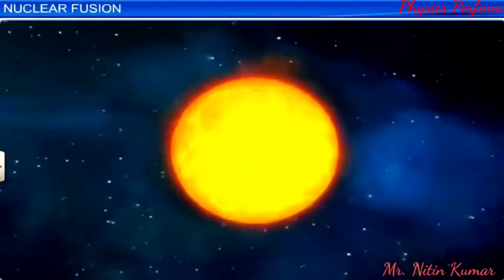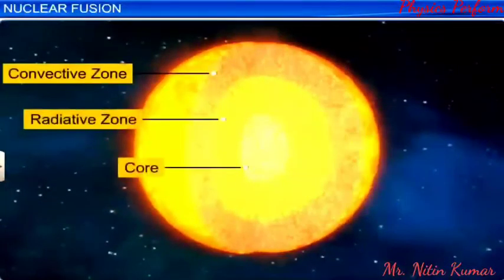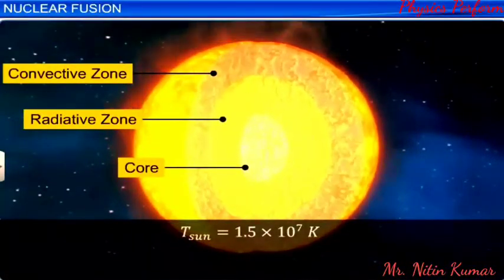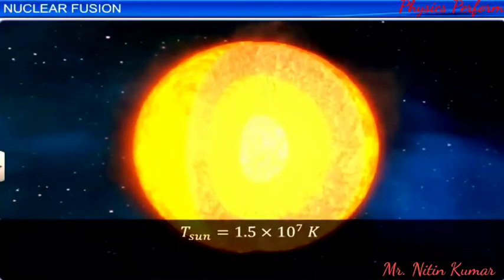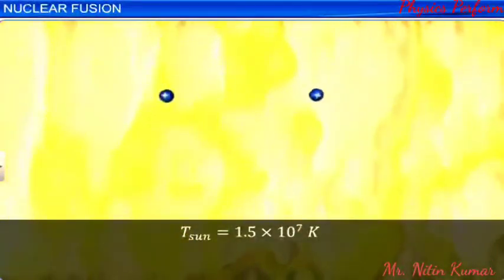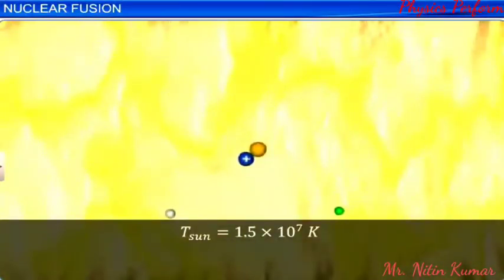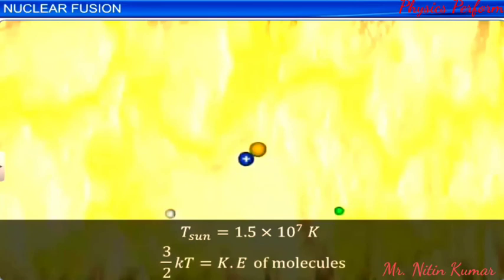Let us now consider the Sun's core, which is at a temperature of about 1.5 × 10^7 Kelvin. But it is observed that protons fuse together in the Sun, even though the temperature is 100 times lesser than what is required for the protons to fuse. The reason for this puzzle lies in the fact that 3/2 kT represents the average kinetic energy of the molecules.